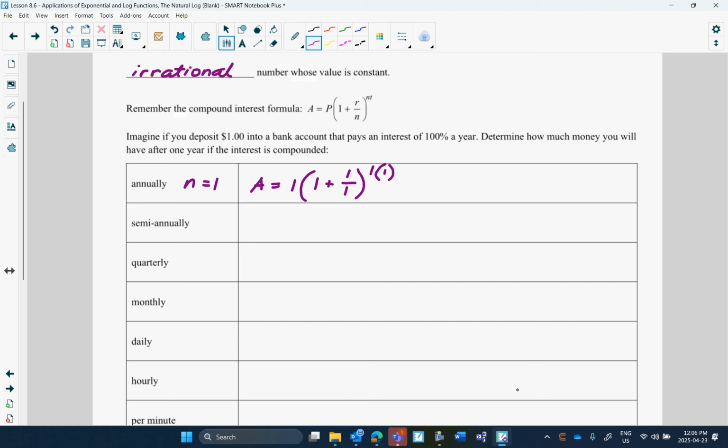Because you invest $1. The interest rate is 100%, or as a decimal, 1. Interest is calculated once a year because it's annually. And the number of years we invested for is 1. So when you do this, it's going to work out to 2, which makes sense. Because if you invest $1 at 100% interest for a year, you double your money. So that must mean it's going to grow like crazy.